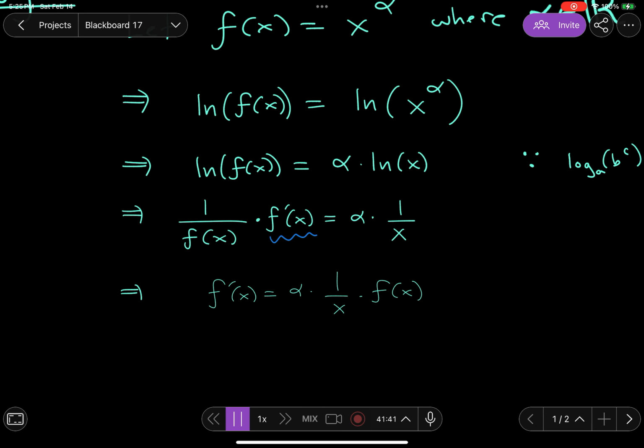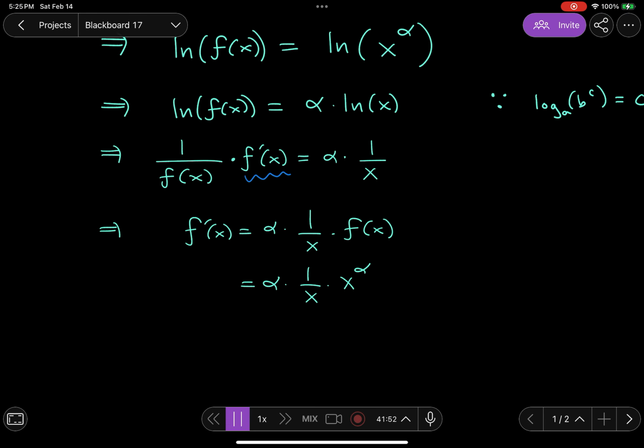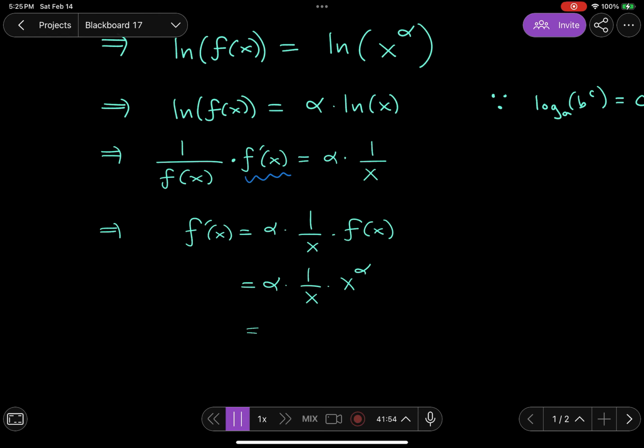Oh, but wait a second. That's the same thing as alpha times 1 over x times, what was f of x again? Oh, yeah, it was x to the power of alpha. And just immediately, that tells us that the derivative of f is alpha times, using exponent rules here, x to the power of alpha minus 1.